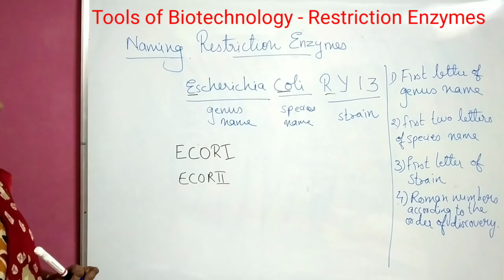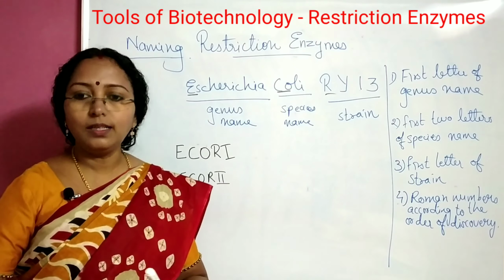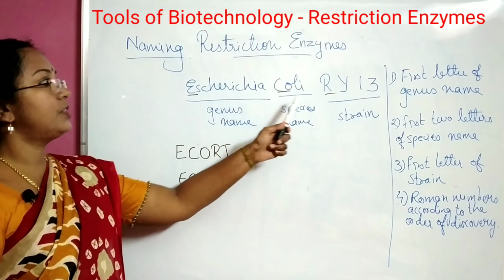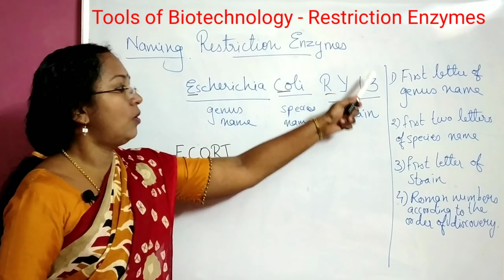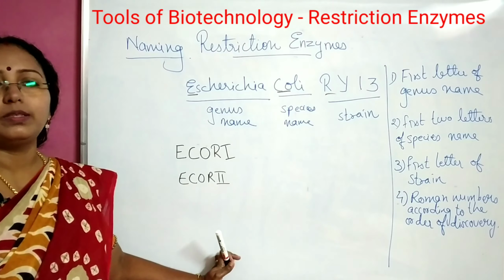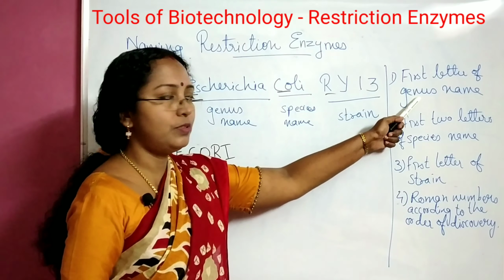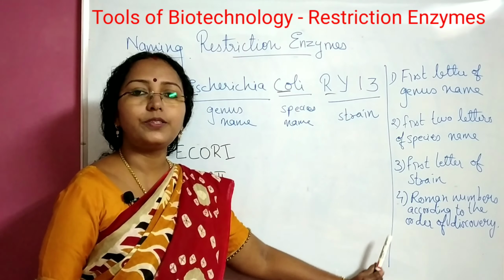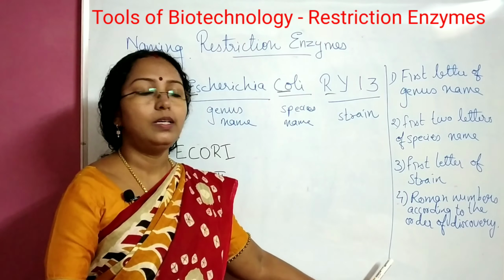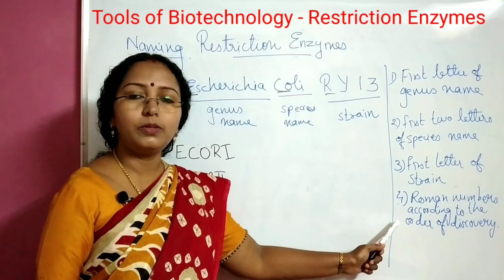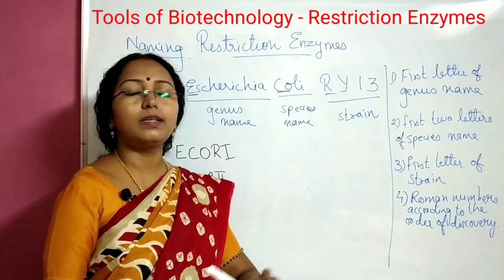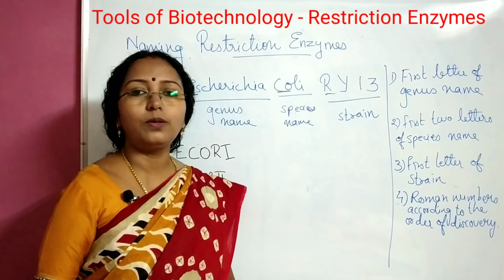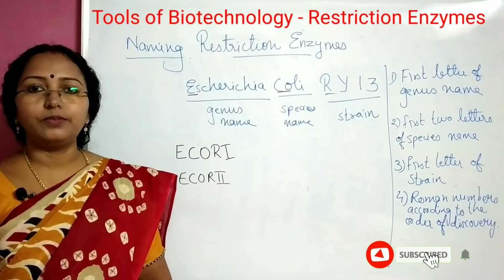So EcoR1, EcoR2, these are the restriction enzymes isolated from Escherichia coli RY13, and according to this rule I have named them. It's very simple. First letter of the genus name, first two letters of the species name, first letter of the strain, and then if you have isolated more than one enzyme from the same organism, you can just demarcate it with Roman numbers according to the order of discovery.